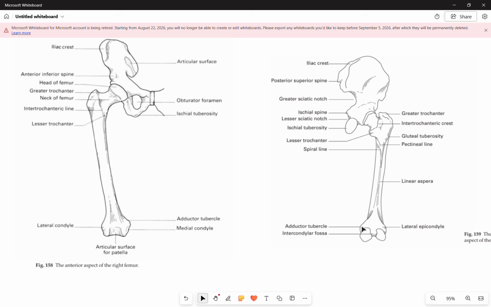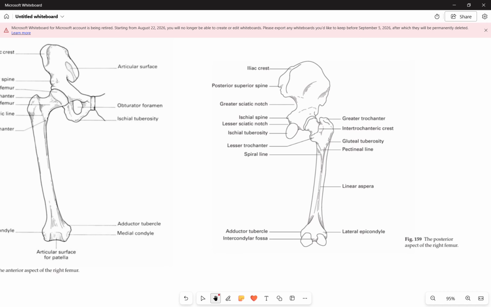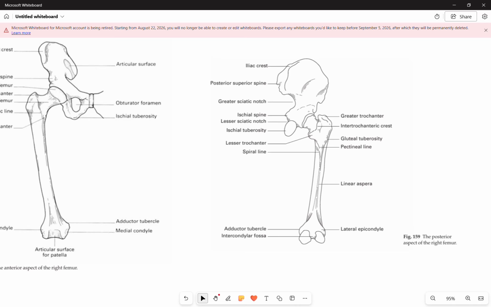The medial one has the adductor tubercle, and in between the two condyles there is a deep intercondylar fossa where the cruciate ligaments which I have discussed in the knee joint are attached.